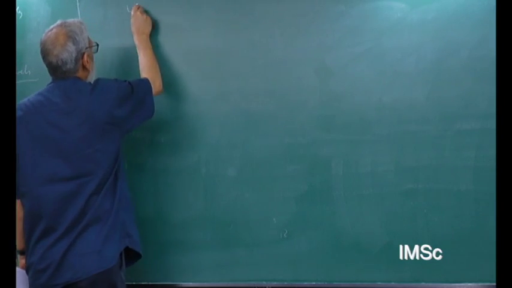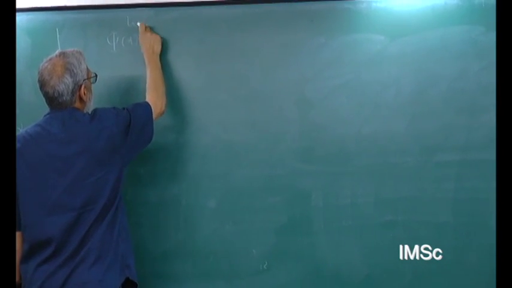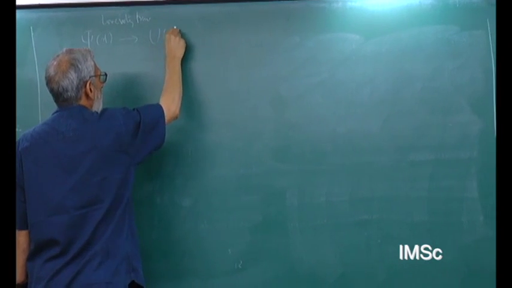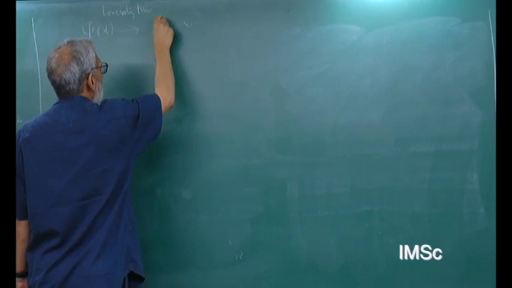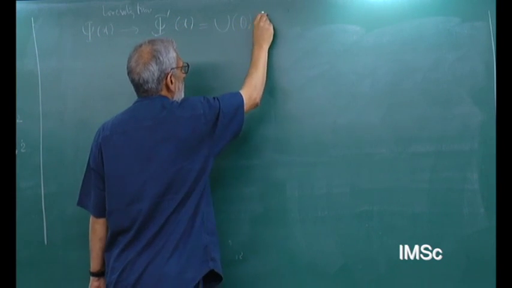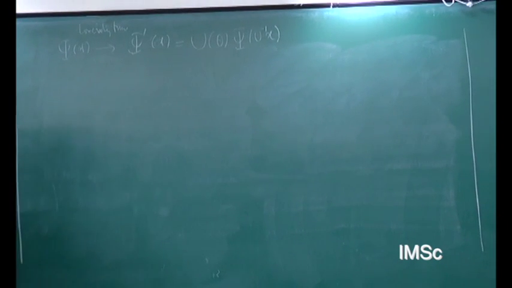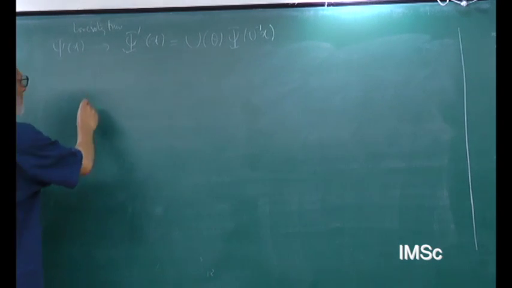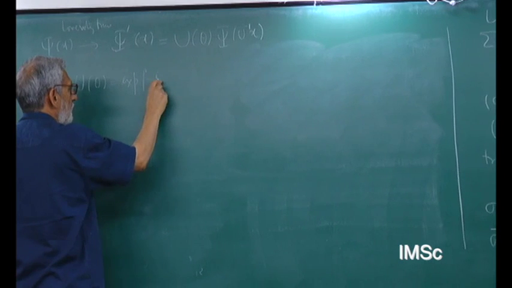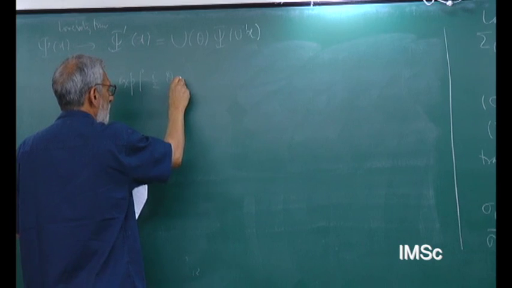The Dirac fermion transforms under Lorentz transformations through a matrix U of theta: psi prime of x is U of theta psi at U inverse x, where U of theta is the exponential of i by 2 theta mu nu times the generators.